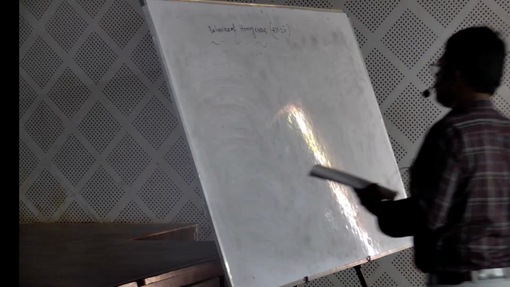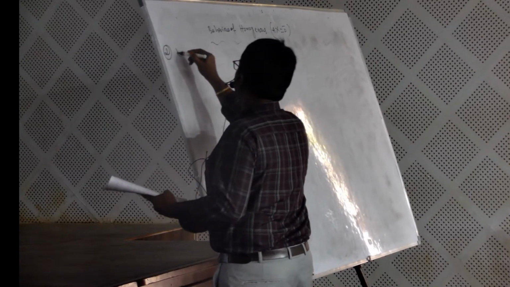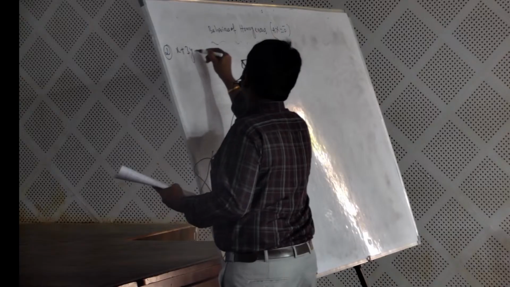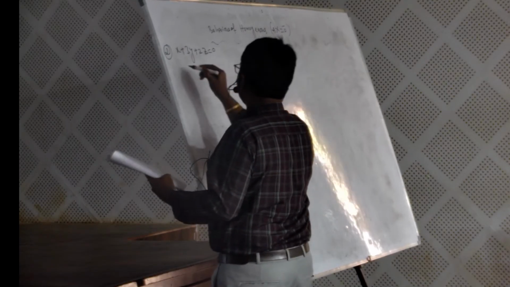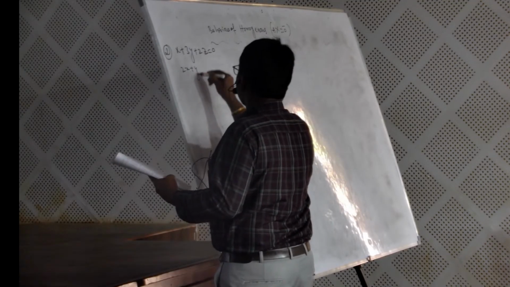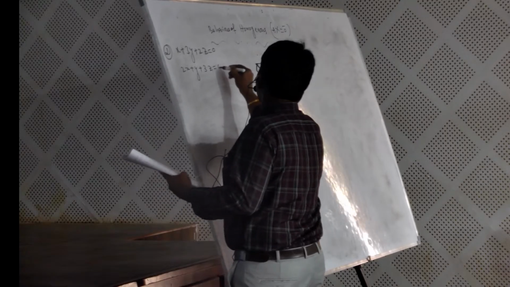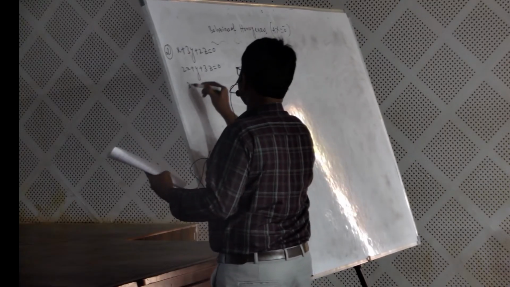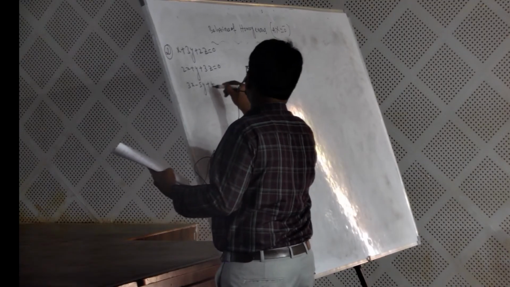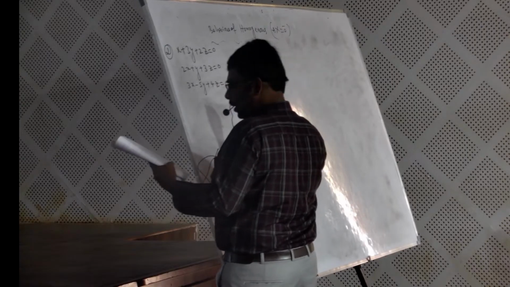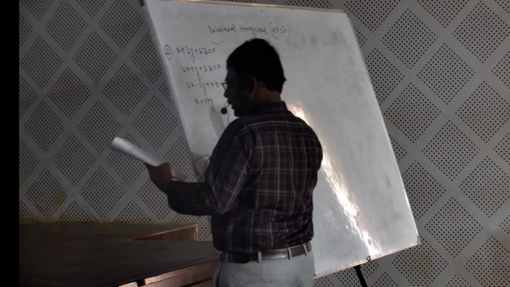Second one: x plus 3y plus 2z equal to 0, 2x plus y plus 3z equal to 0, 3x minus 5y minus 4z equal to 0, x plus 17y plus 4z equal to 0.